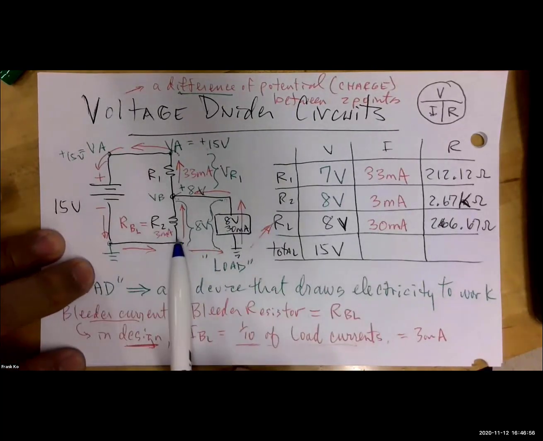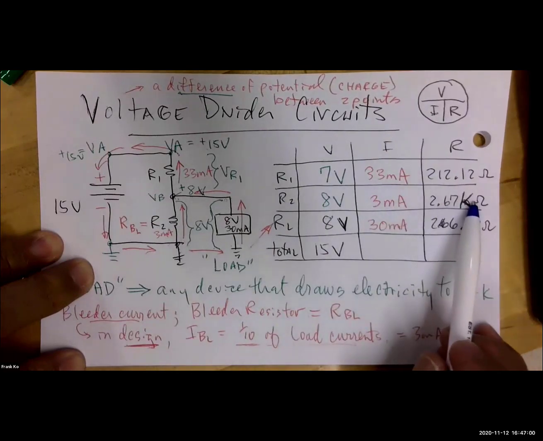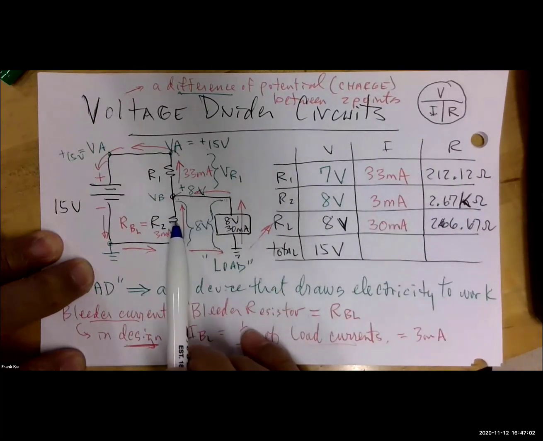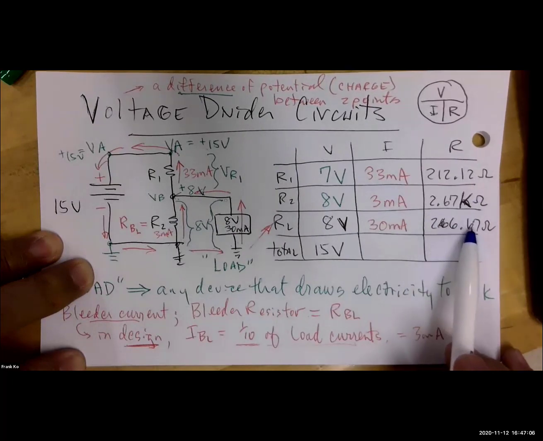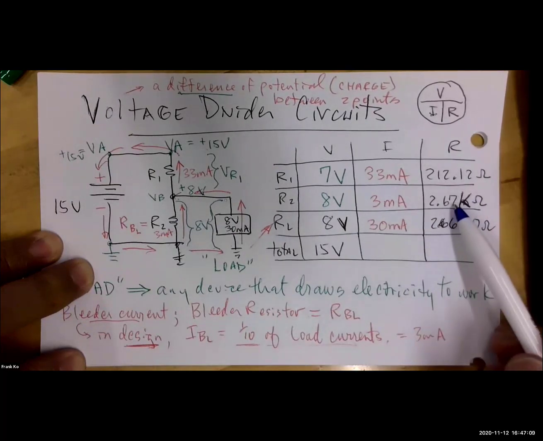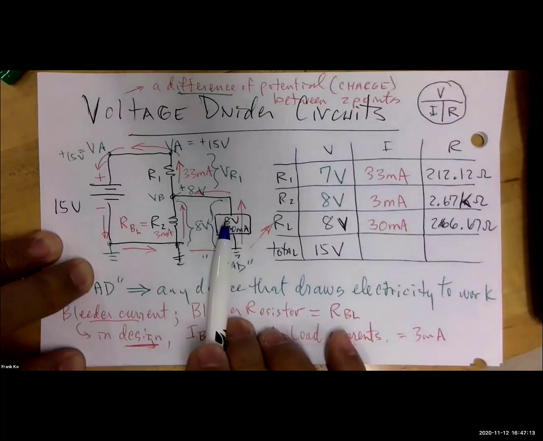We can determine that since R2 is 2.67 k ohms and the load is 266.67 ohms, we can calculate these 2 guys in parallel with each other to give us these 2 combined. And then what? And then we add with R1.